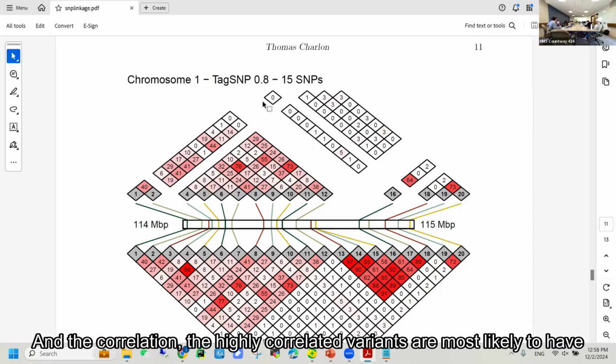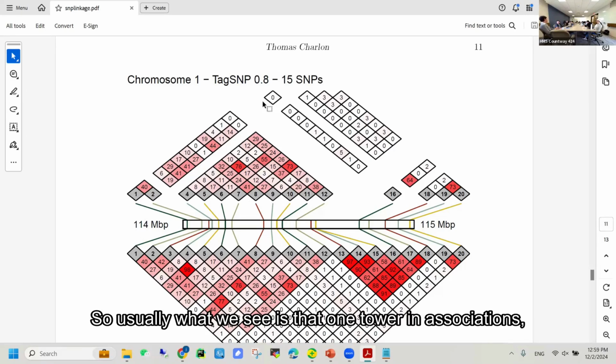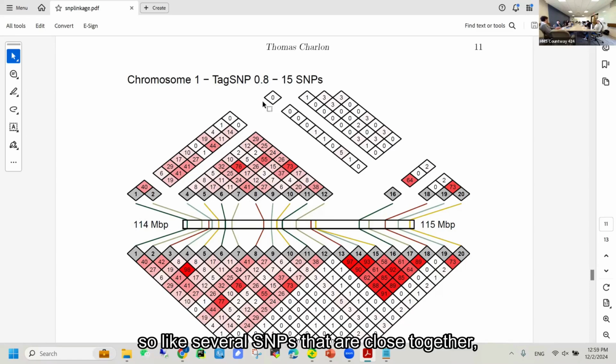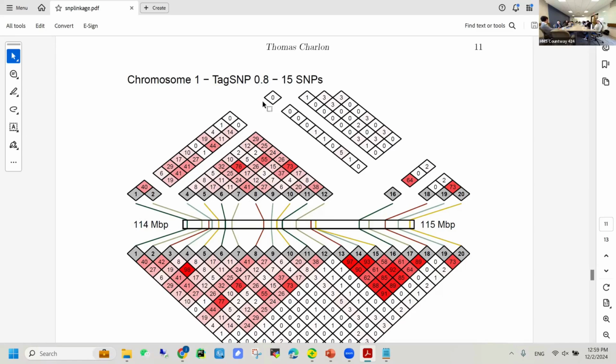And the correlation, I think the highly correlated variants are most likely to have similar phenotypic effects, right? Do you think so? So usually what we see is one tower in associations, like several SNPs that are close together, will have a tower in association and a triangle on the linkage disequilibrium plot. Yeah, I would almost use it as QC.